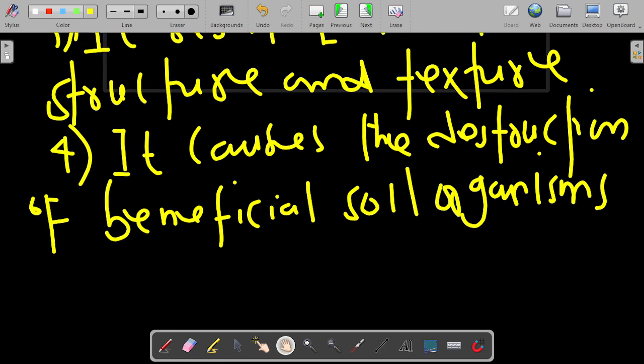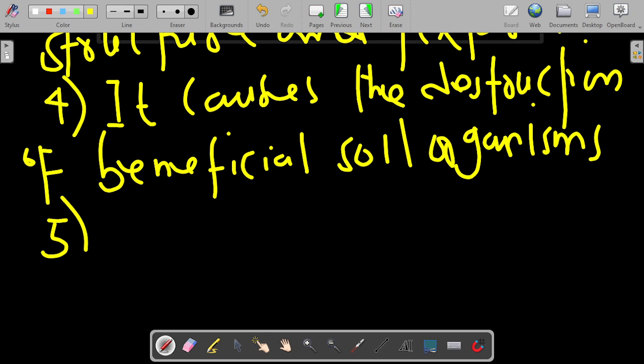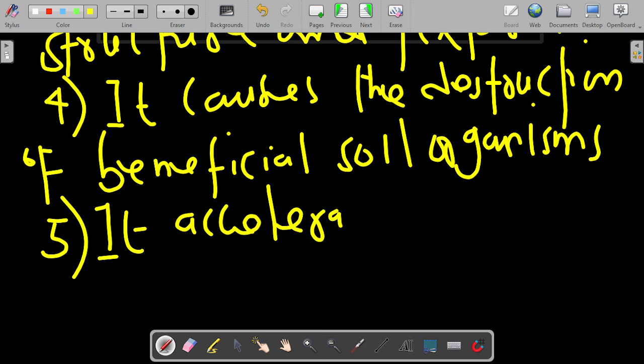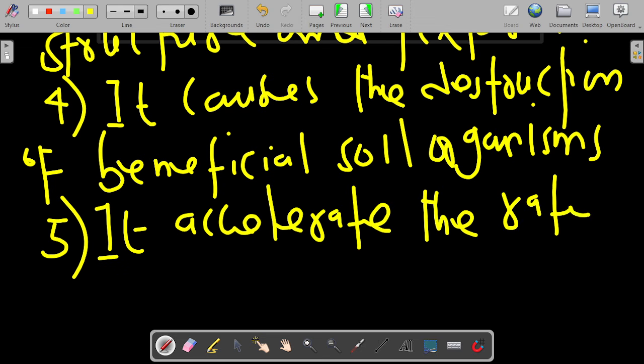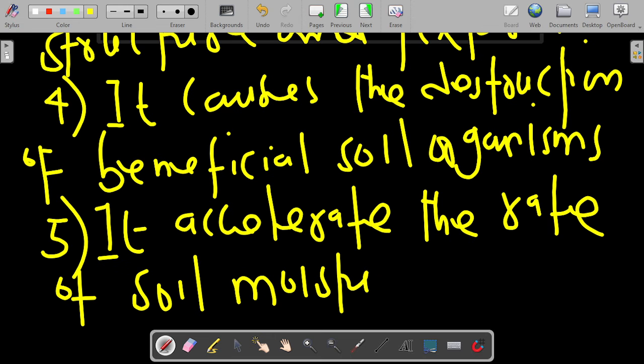And 5, it accelerates the rate of soil moisture loss.